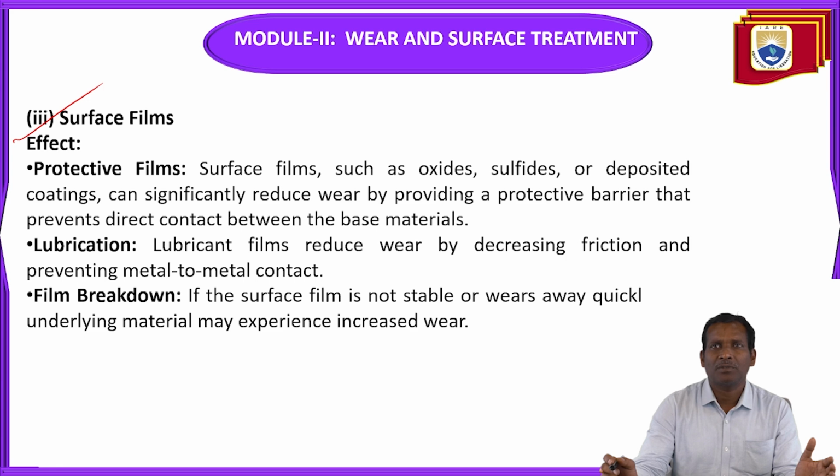Lubricant films reduce wear by decreasing friction and preventing metal to metal contact. Similarly, film breakdown: if the surface film is not stable or wears away quickly, the underlying material may experience increased wear.